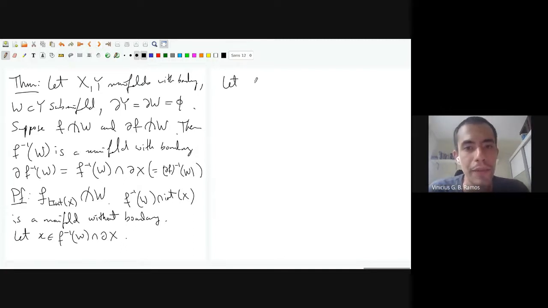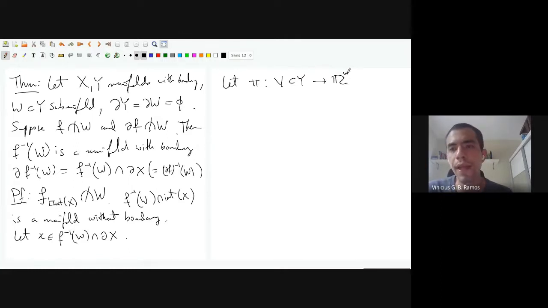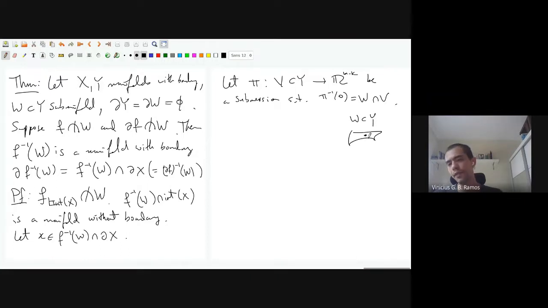So we can let pi from an open neighborhood V of the image of x in Y into R^(m-k) be a submersion such that the pre-image of 0 is exactly W intersected with V. So whenever you have a submanifold, you pick a submersion such that the pre-image of 0 gives you exactly W in this neighborhood.